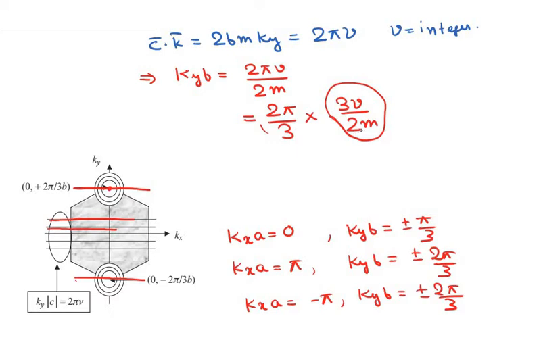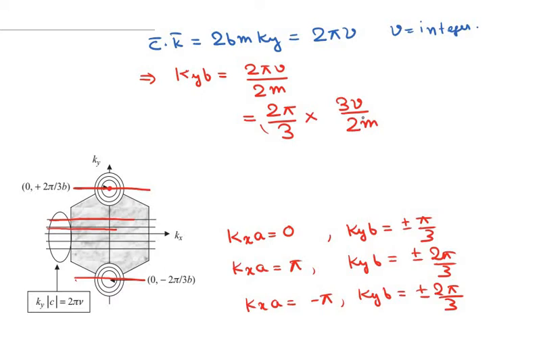So what do we need here? Now v can be any integer. In this carbon nanotube, for a given value of v we would have one subband. v does not have any restriction; the only restriction is that v should be an integer.